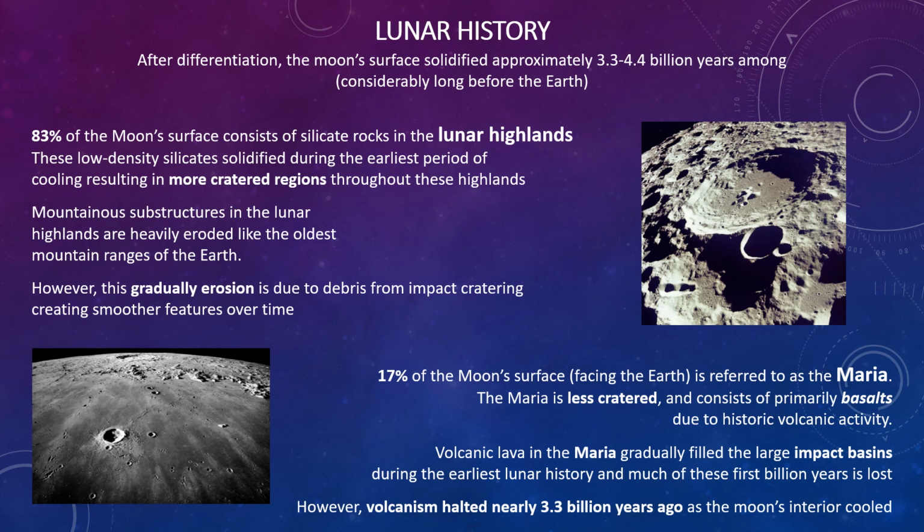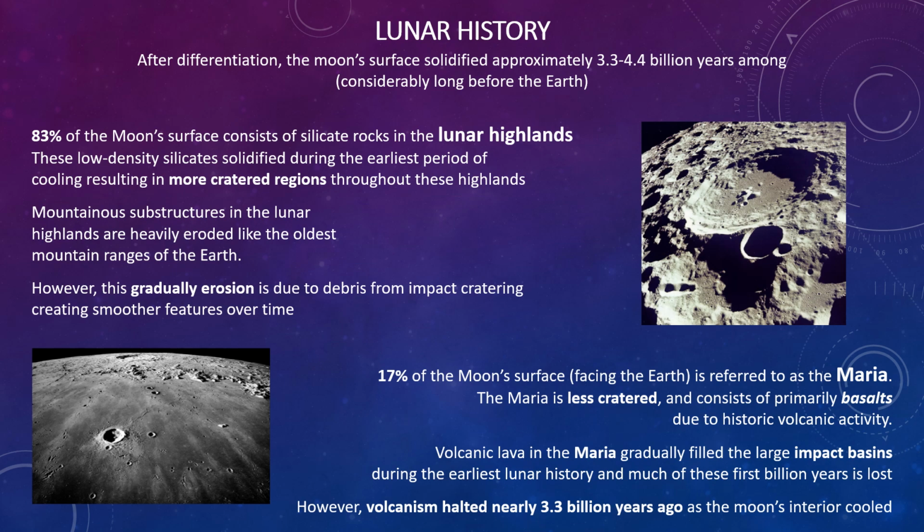And so the other 17% of the moon's surface that is facing the Earth is referred to as the maria. The maria is less cratered and is composed mostly of basalts. And this is due to a history of volcanic activity in the distant past.